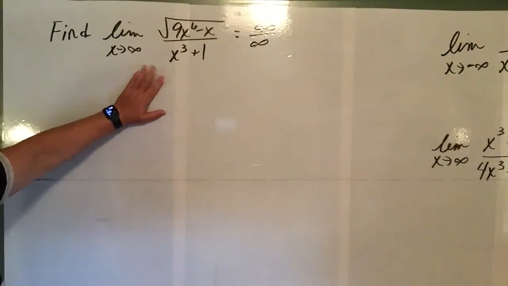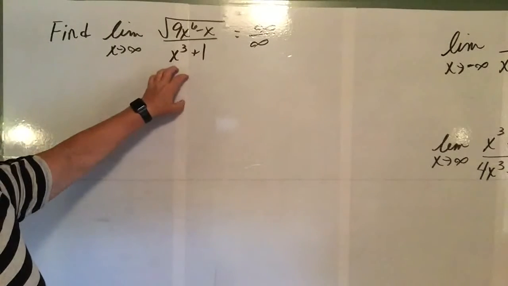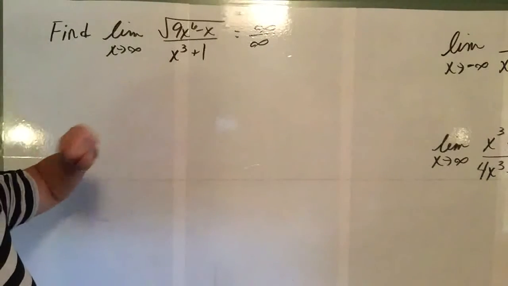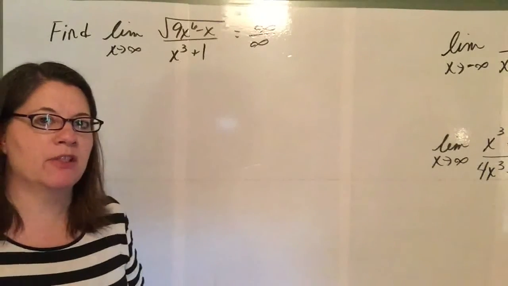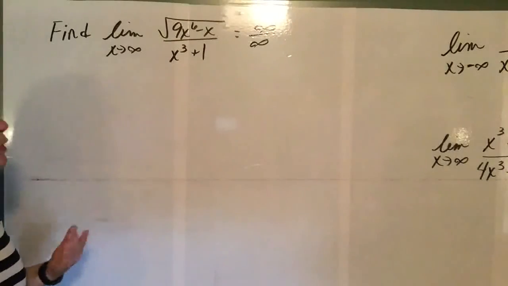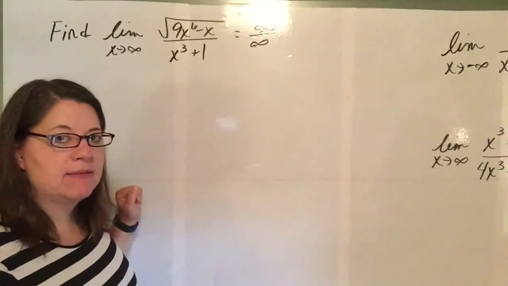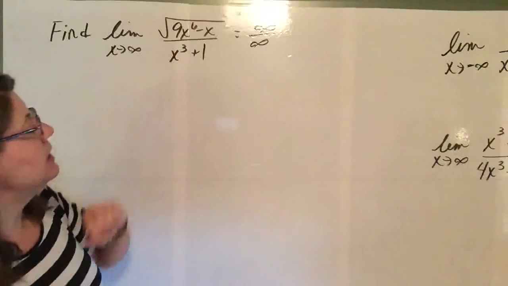So in order to do this, and if you think about this one, there is no horizontal asymptote here. We cannot find the horizontal asymptote because that only applies to polynomial functions. This one has a square root in it. Square roots are going to make this a little bit more difficult. So I'm going to have to try to figure out a way to get this so that it's something that is workable, okay? Plugging in infinity didn't work.